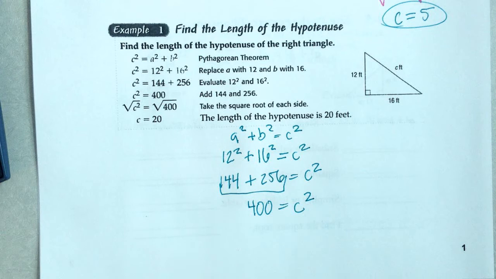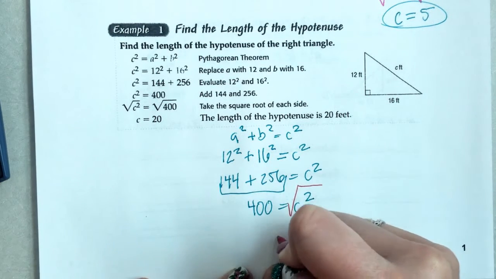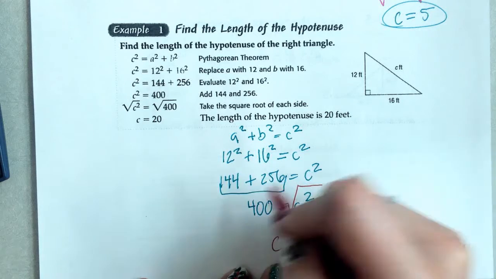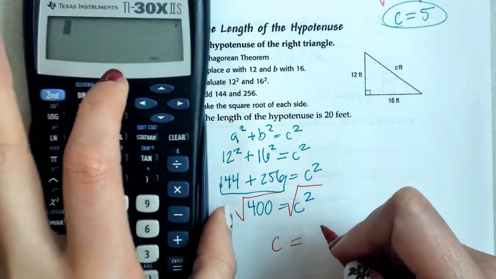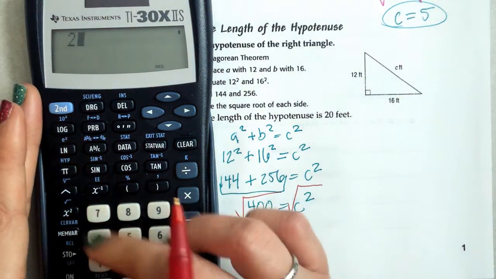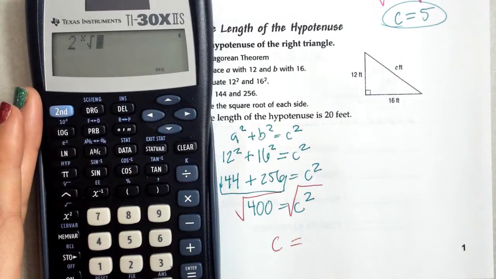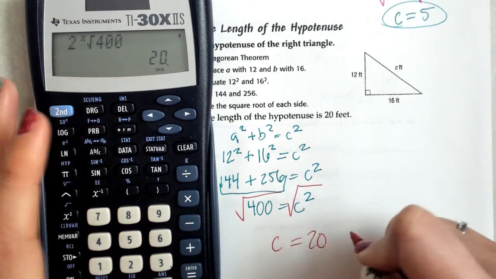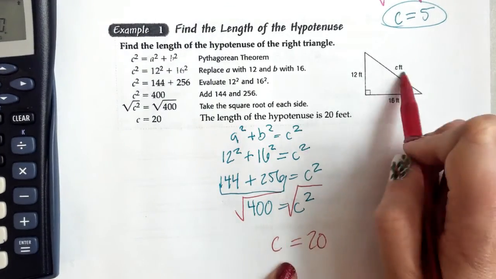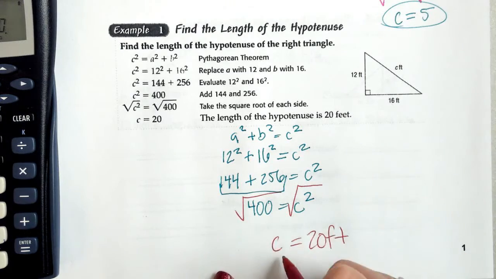Again, the opposite of squaring is taking the square root. So to cancel that out and just get c, I have to take the square root. What I do to one side, I have to do to the other. And when I type that in, 2nd caret button, the square root of 400 is 20. Since I know that they're talking about feet, I would put 20 feet.